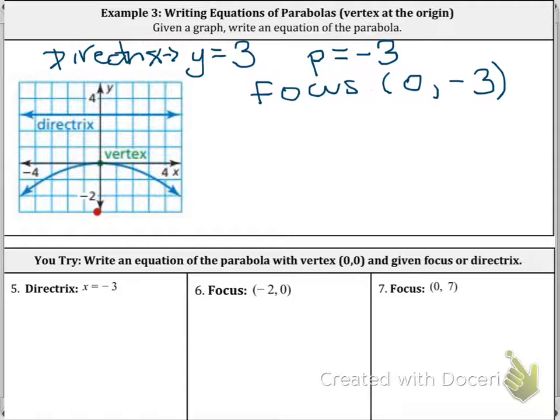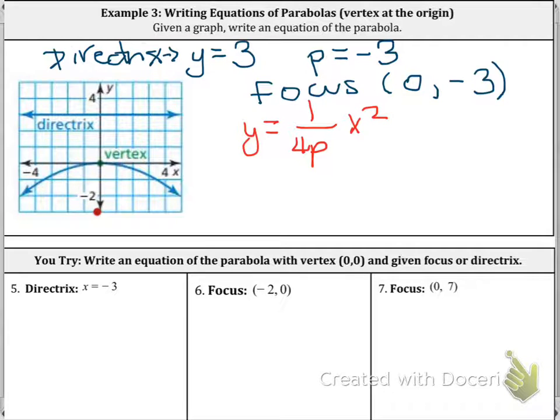So remember, the standard form of an equation with vertex at the origin is y equals 1/4p x squared. So all we really need is our p-value. We're going to substitute it in for p, then we will have our equation.